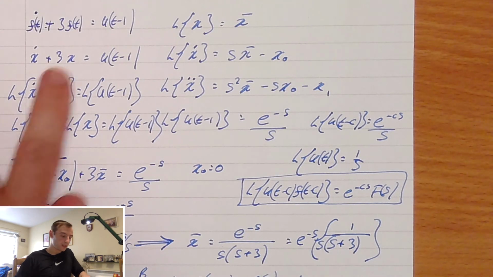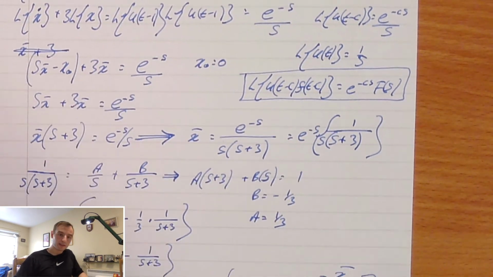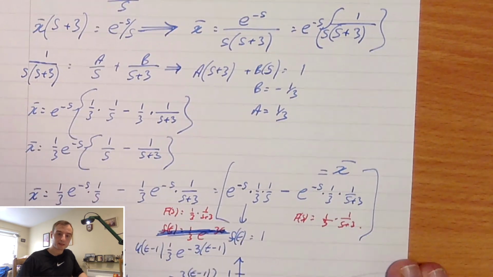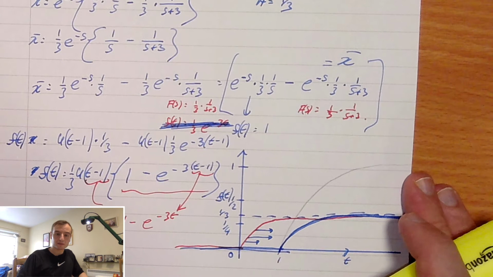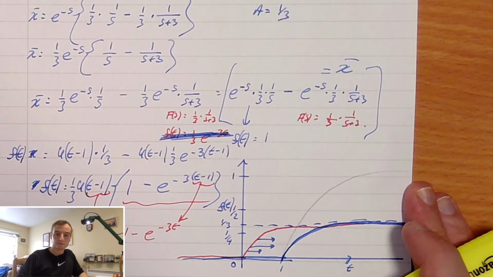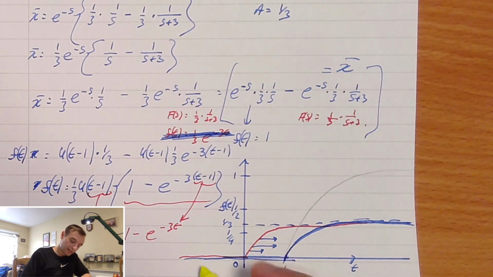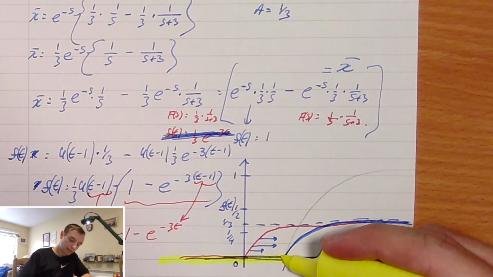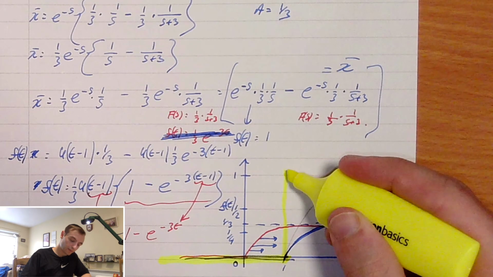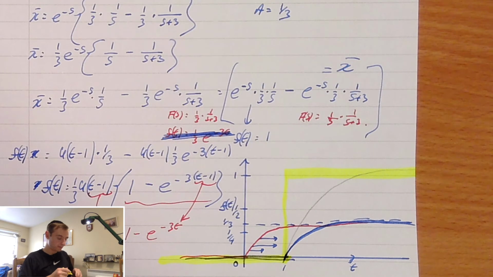Here we are, u(t-1). So u(t-1) would be 0 for all values up until 1, and then it would turn on and then go like that forever. That would be the input.